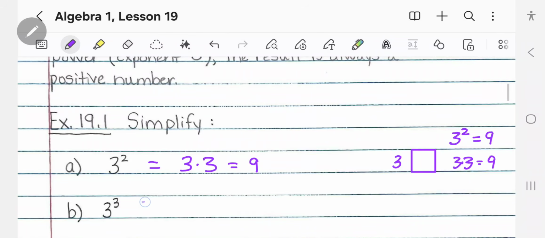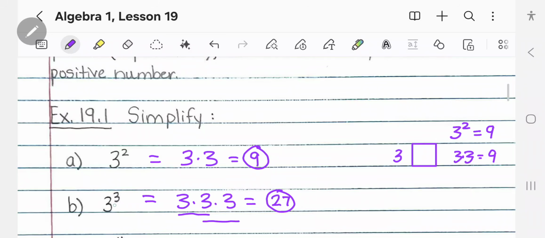Let's look at this one. 3 is also the base, but this time the exponent is 3, so we have 3 of them. 3 times 3 is 9, times 3 is 27. So that's your answer there. Oftentimes you will hear a third power, an exponent of 3, as a cube. And here's why.